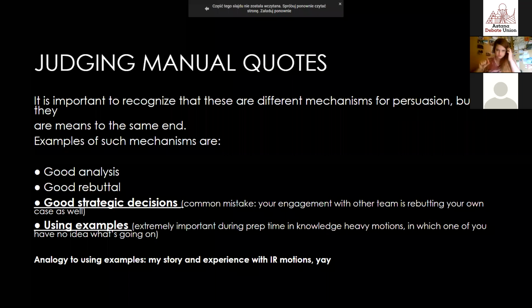So the conclusion from this slide is, if you are talking about some kind of issues which you have more knowledge of or which you don't have knowledge of, try to find a good way to sell this and always go back to the burdens in the motion, or to the sentence from the motion, and why you think this is something crucial, especially when the motion is a comparative motion.